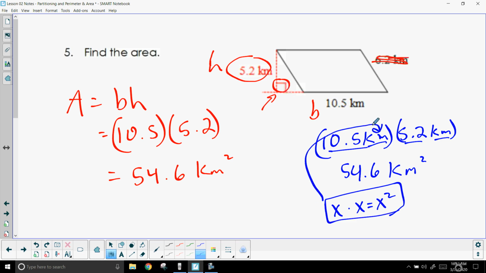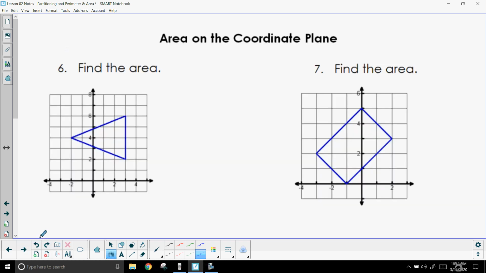All right, now we need to find the area for these figures. So we got a triangle. Again, base times height. I'm going to look at this for the height, and this could be the base. 1, 2, 3, 4 for the base. 1, 2, 3, 4, 5 for the height.